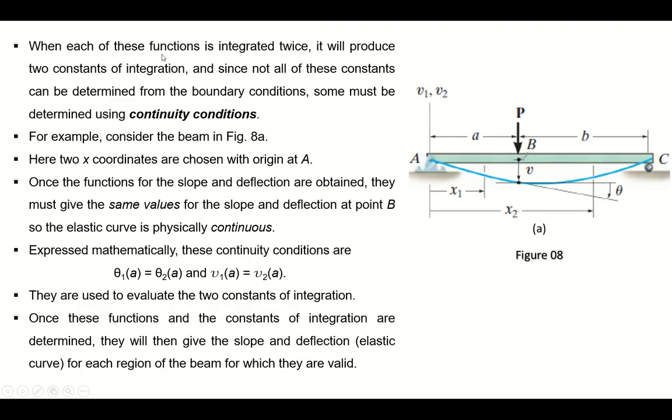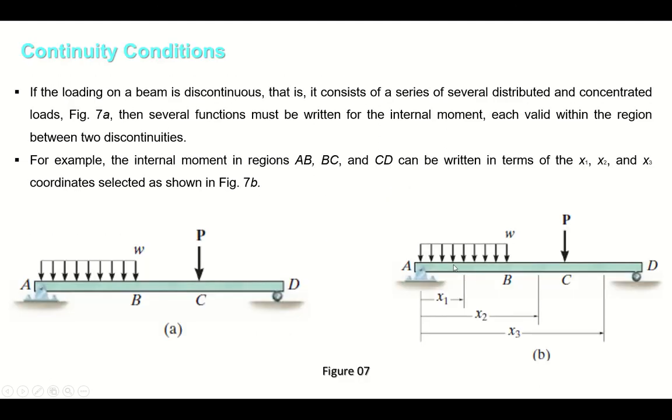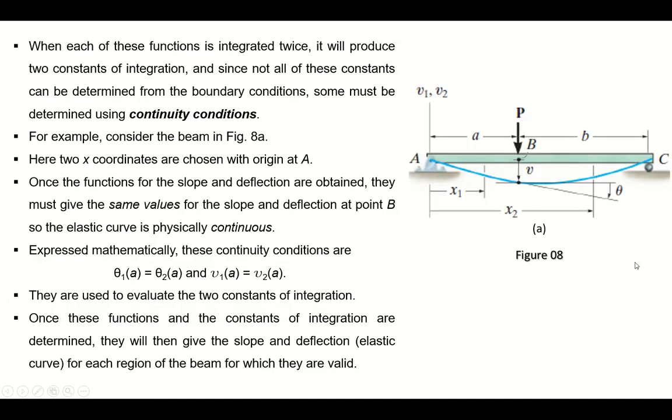When each of these functions is integrated twice, it will produce two constants of integration, and since not all of these constants can be determined from the boundary conditions, some must be determined using continuity conditions. For example, if there are 3 equations and you integrate them twice, you will get 6 constants, and you cannot determine 6 constants from just 2 boundary conditions. So you need some continuity conditions, right?